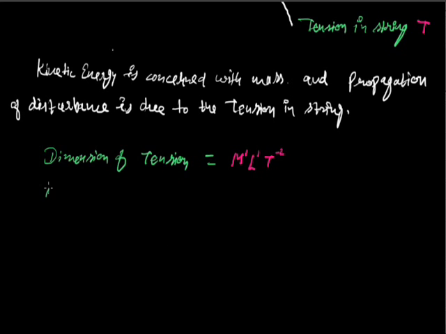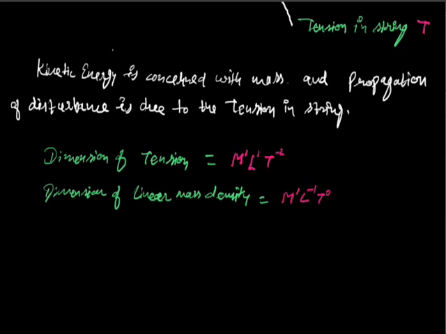Similarly, the dimension of linear mass density of a string will be given by capital M power 1, capital L power minus 1, and capital T power 0.